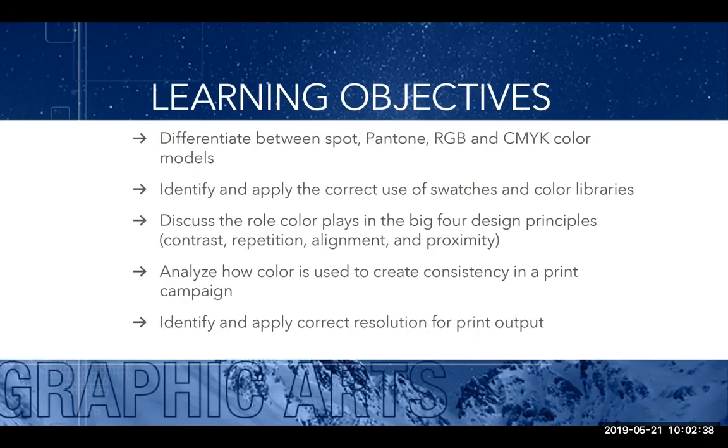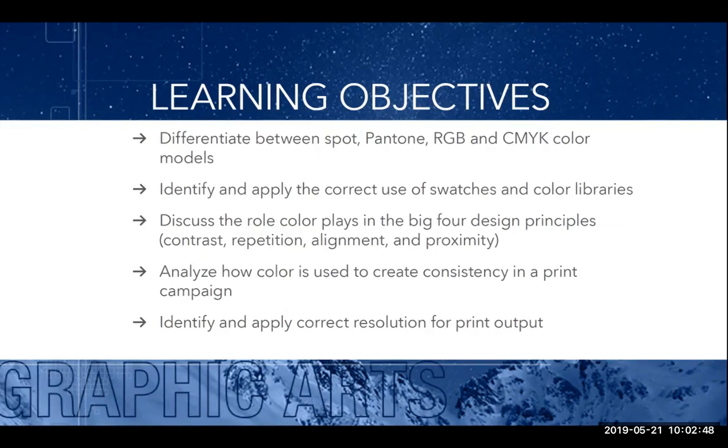All right, so as usual, we do have some learning objectives that are going to be orienting us this week. First, differentiate between spot, Pantone, RGB, and CMYK color models. Next, identify and apply the correct use of swatches and color libraries.